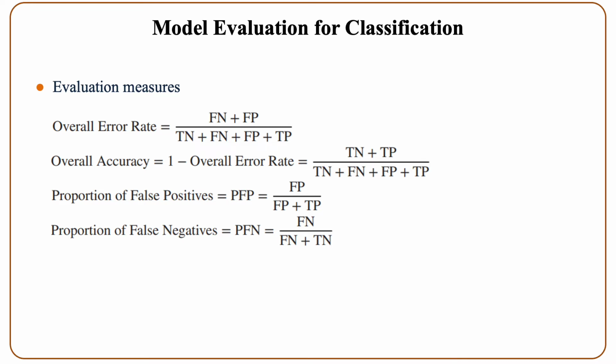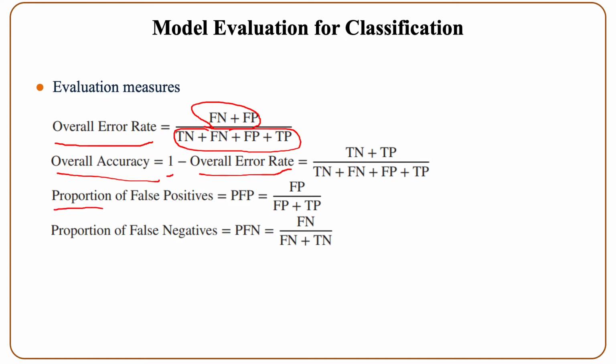We continue with evaluation measures on this slide. The overall error rate is the sum of the false negatives and the false positives divided by the grand total. The overall accuracy is basically just 1 minus the overall error rate that we got previously.